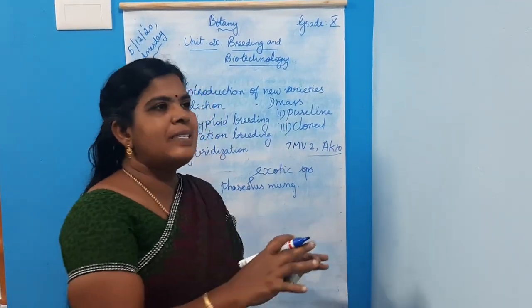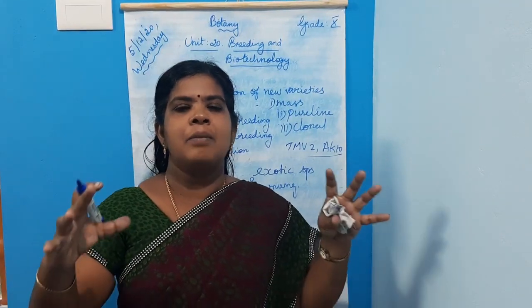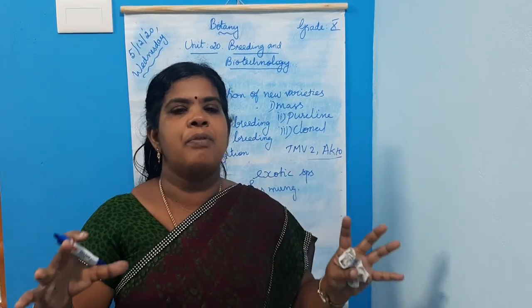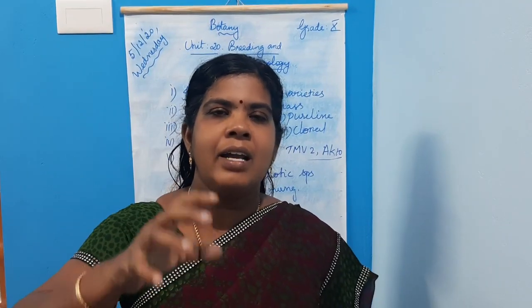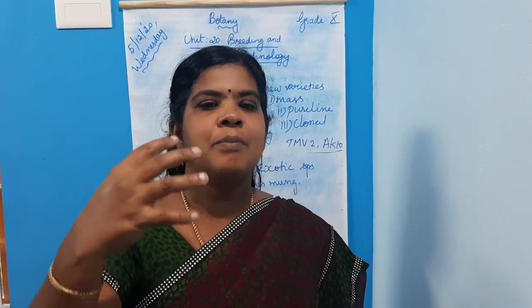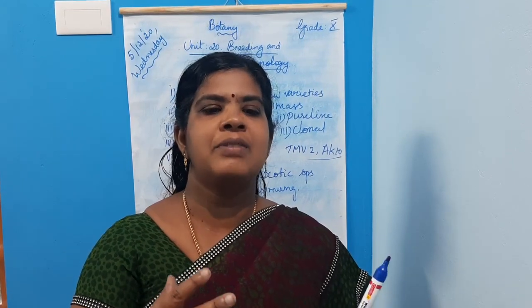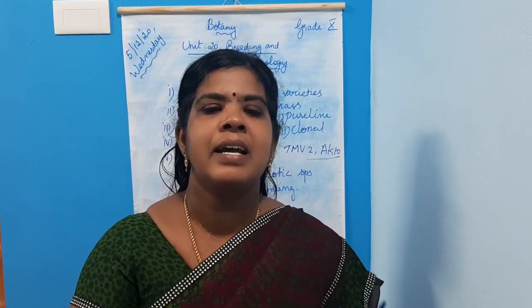So in mass selection, seeds of the best plants are selected based on their morphological characters from a plant population, and raised generation after generation until the best varieties are obtained.